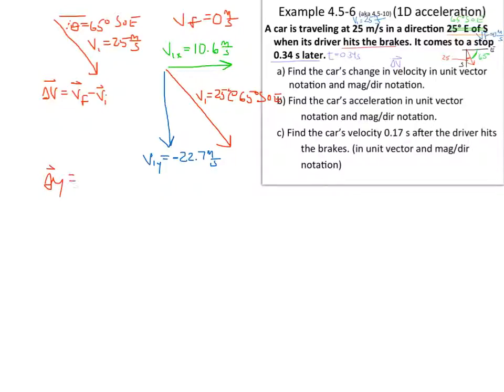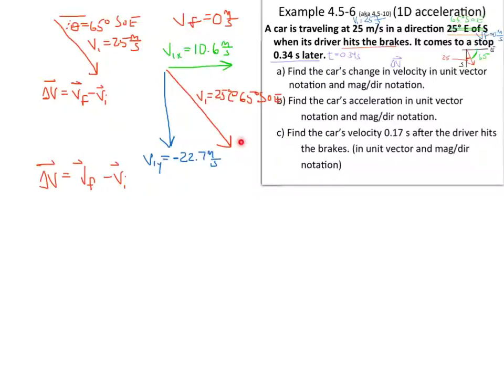Delta v, change in velocity, is going to be v final minus v initial, okay? Well, we can subtract unit vectors, right? If we have the x and y components of this vector right here, we can write it in unit vector notation.